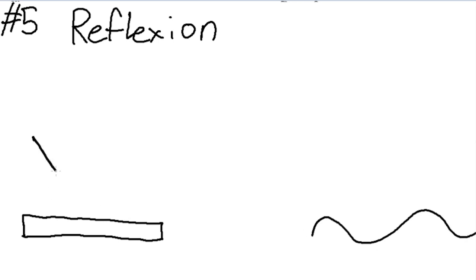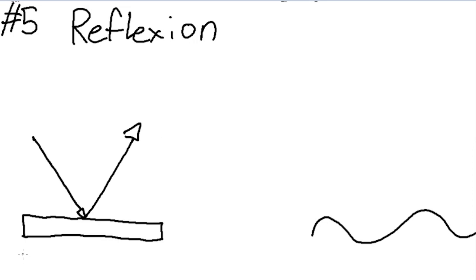So in this one, light enters the object and then gets reflected. In this case, because the surface of this is smooth, there's only one direction that light gets reflected.